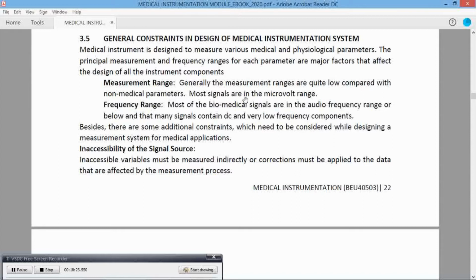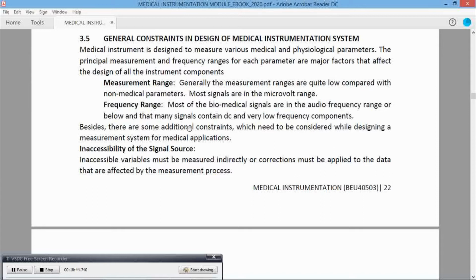Most signals are in the microvolt range. So when you measure, for example, even in the pulse oximetry system, your assignment, the initial output from the sensors will be in the millivolt, or sometimes down to microvolt. So this is what is called the measurement range.